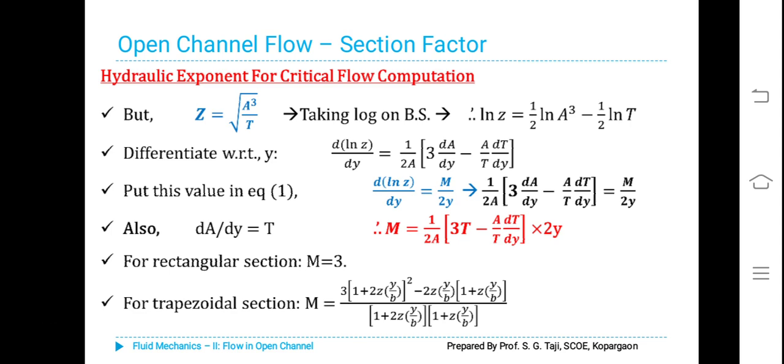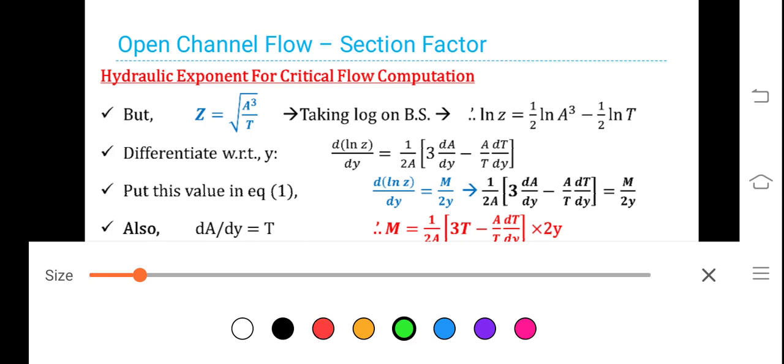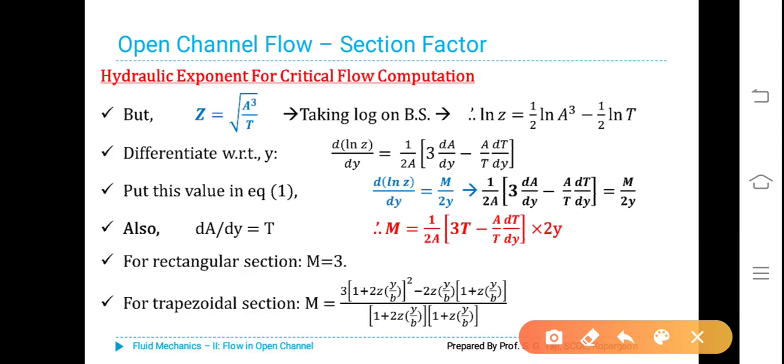We know that Z is equal to under the root A cube by T. Taking log on both sides, we get log Z is equal to 1 upon 2, log A cube minus half of log T. Differentiating with respect to y, we get d of log Z divided by dy must be equal to 1 upon 2 capital A, whole multiplied by 3 dA by dy minus A dT upon T dy.